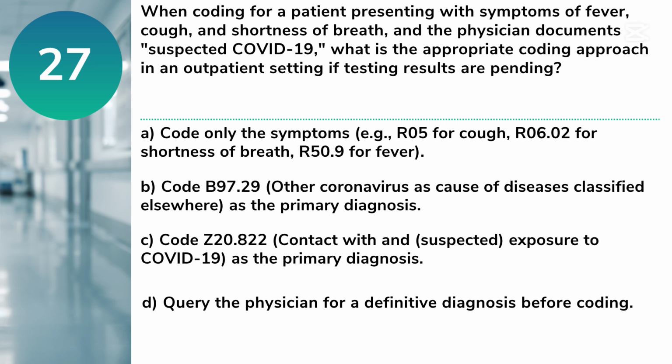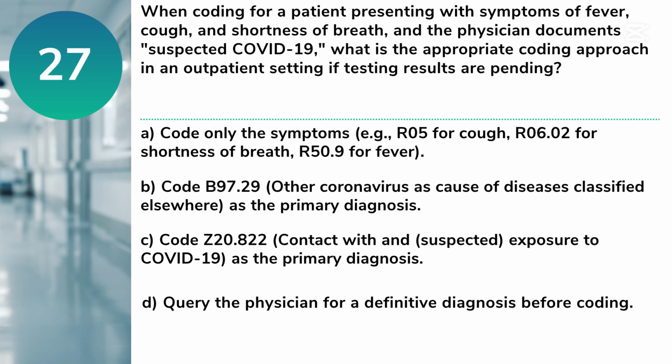When coding for a patient presenting with symptoms of fever, cough, and shortness of breath, and the physician documents suspected COVID-19, what is the appropriate coding approach in an outpatient setting if testing results are pending? A. Code only the symptoms, e.g., R05 for cough, R06.02 for shortness of breath, R50.9 for fever.